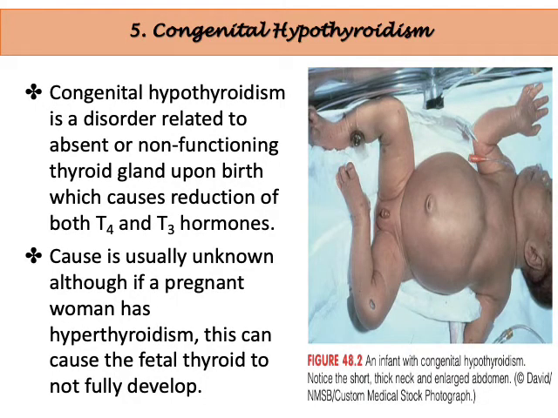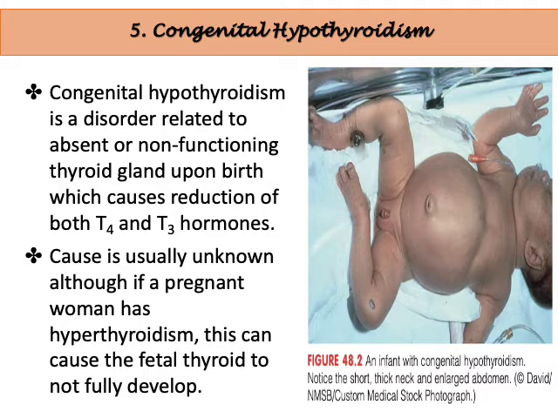Congenital hypothyroidism is a disorder related to an absent or a non-functioning thyroid gland upon birth. This causes reduction of the T4 and the T3 hormones. T4 is thyroxine and T3 is triiodothyronine. These hormones are responsible for controlling the rate of metabolism in the body.